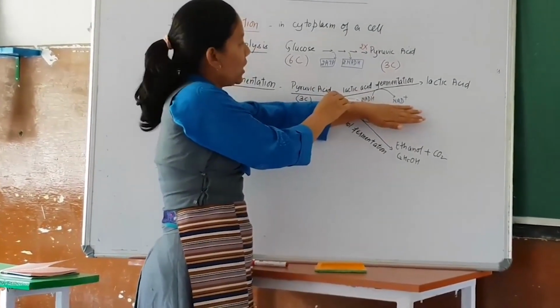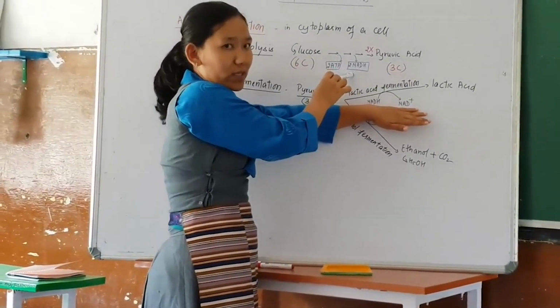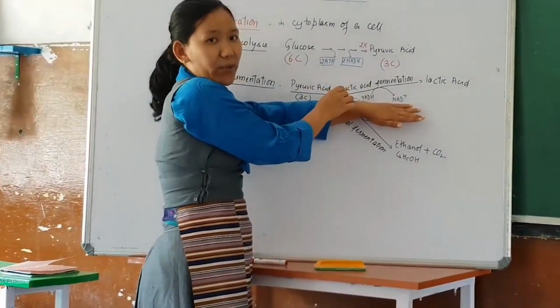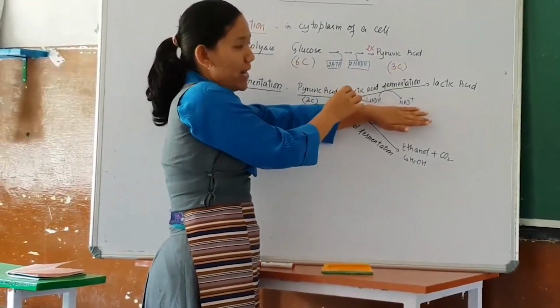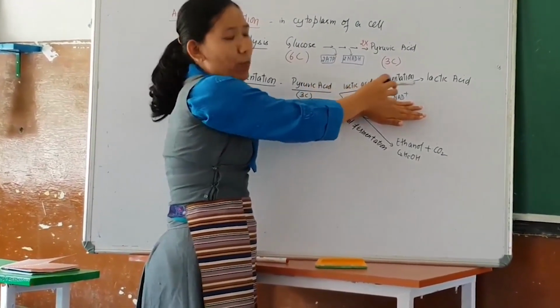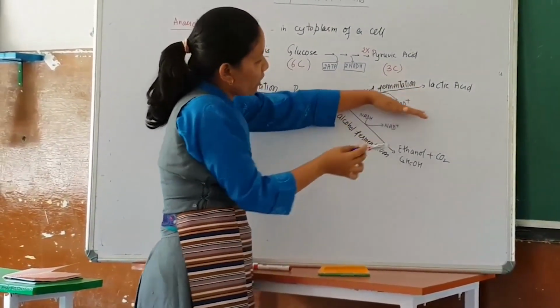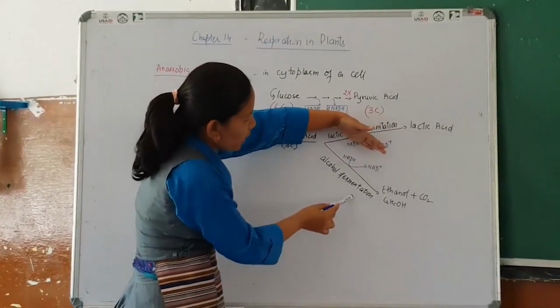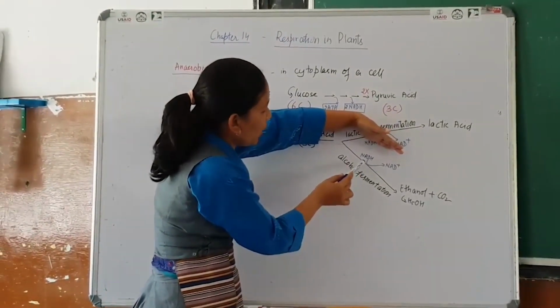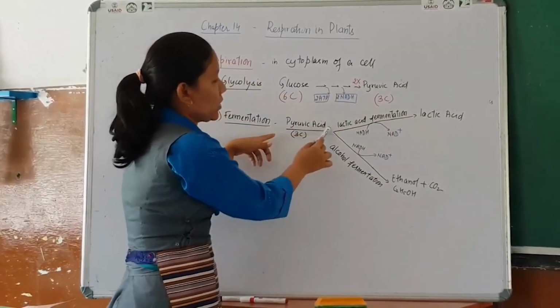NADH synthesized during glycolysis is utilized. It is utilized in the reduction of pyruvic acid to form lactic acid here. And even if it undergoes alcoholic fermentation, again one NADH is utilized for pyruvic acid.